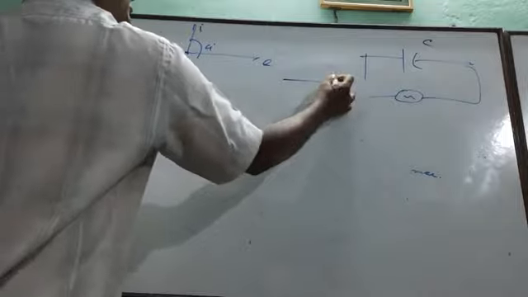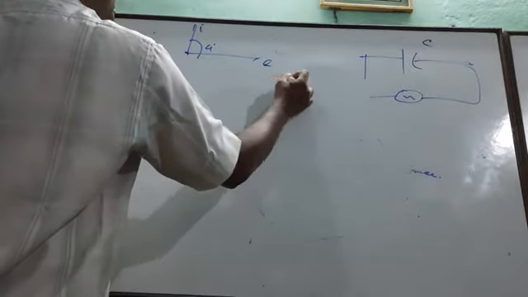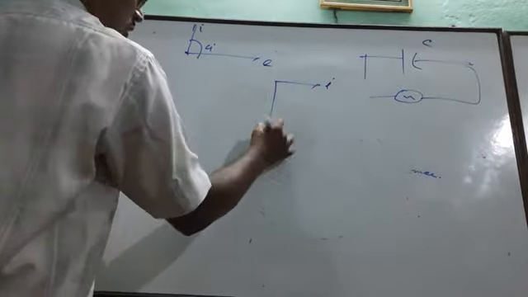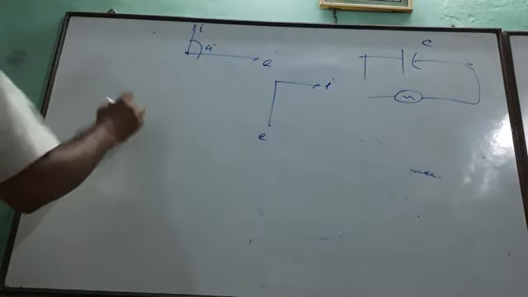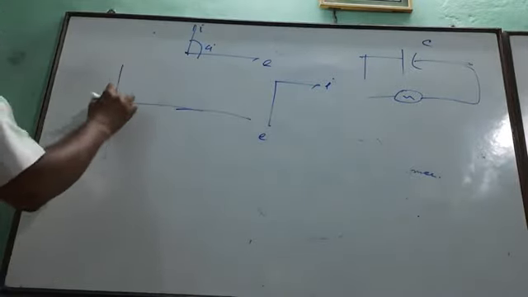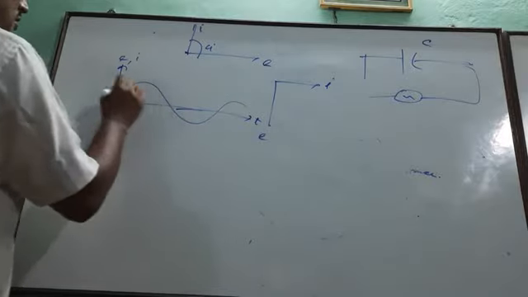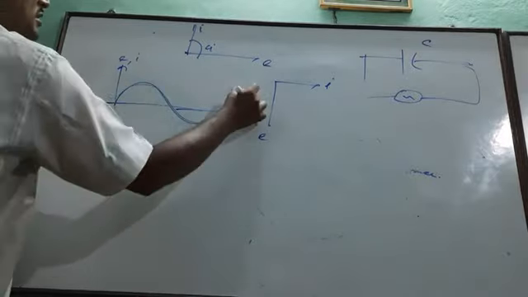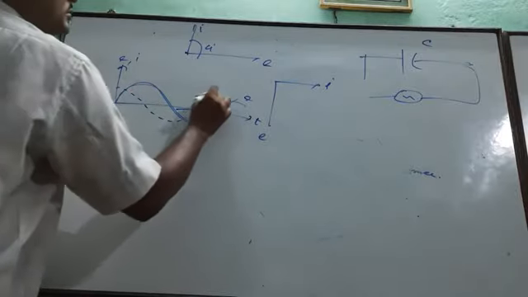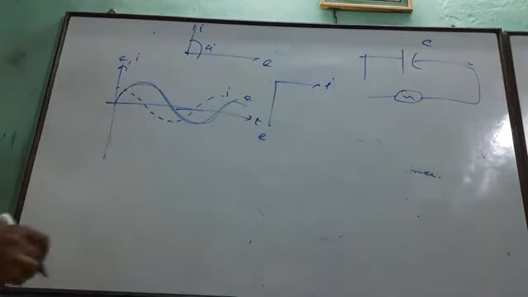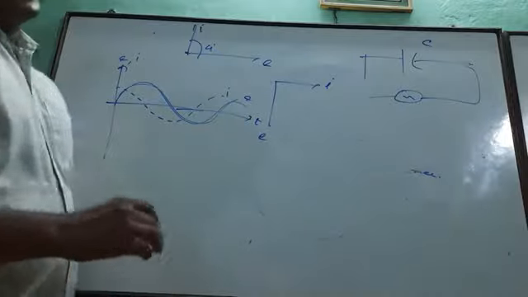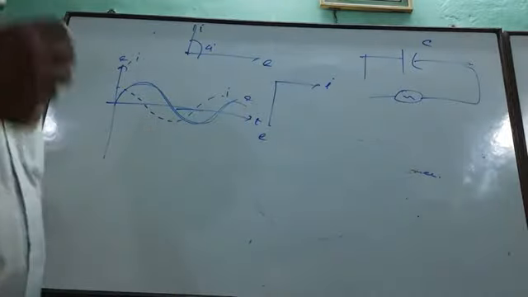Or you can consider I here, then E will be like this. So the diagram will be like this, E or I against t. Here the current leads, and in the inductor case the current lags.